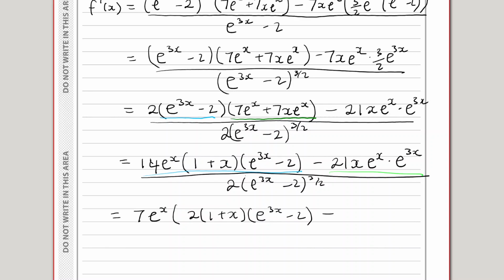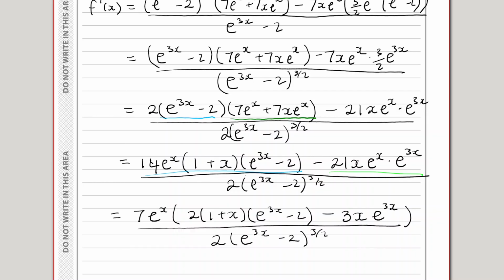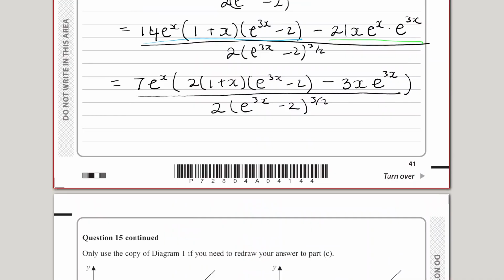And my green term is 3x. So I've taken 7e^x out. So I've got 3x e^(3x) left over my denominator, which is what I want it to be. I'm still not where I need to be. So I need to expand these brackets.